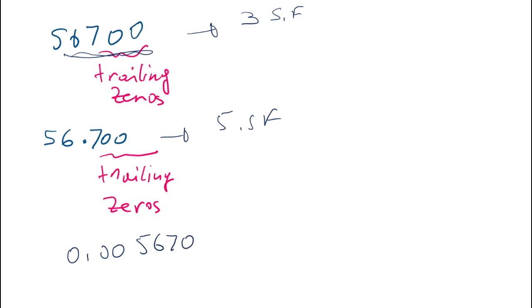In this case, this 0 counts. How many significant figures? The leading zeros don't count. The trailing zeros count if there is a decimal point. So in this case, I will have 4 significant figures. Trailing zeros, if there is no decimal point, don't count. If there is a decimal point, they count.